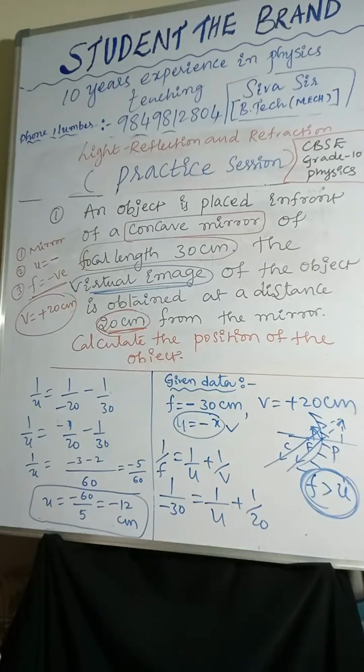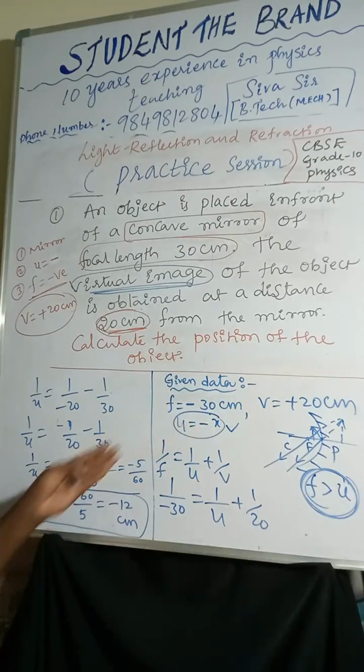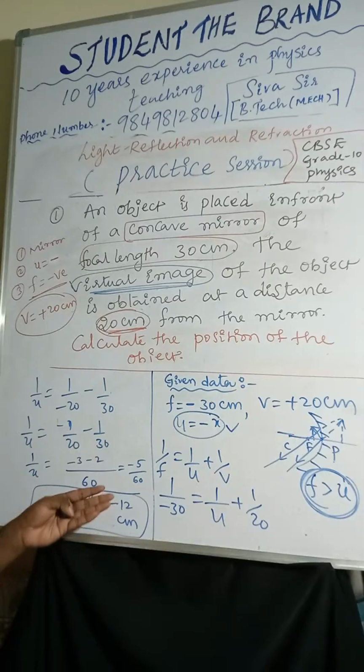Yogesh, I already said object distance must always be negative. It cannot be positive. Object distance should always be negative. That is 100%.